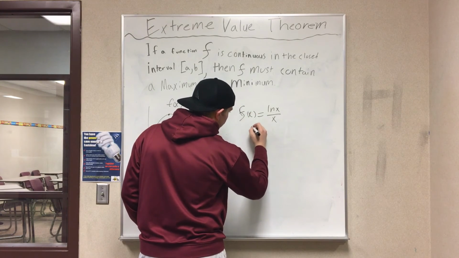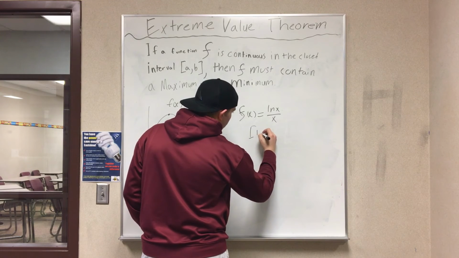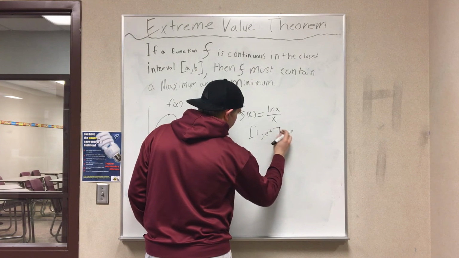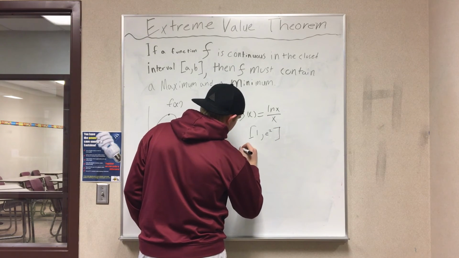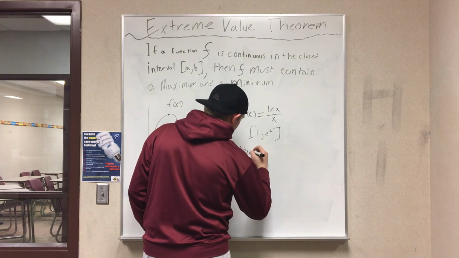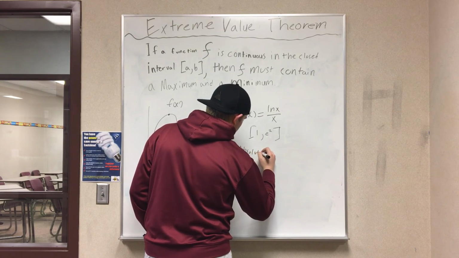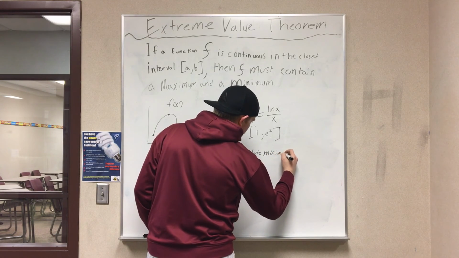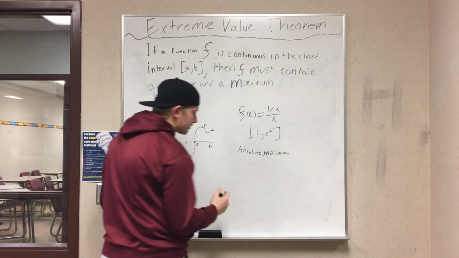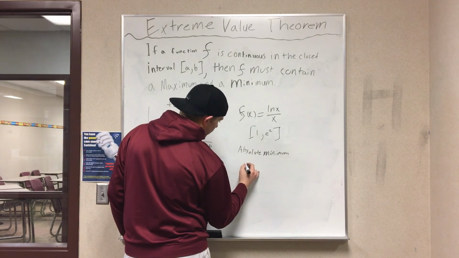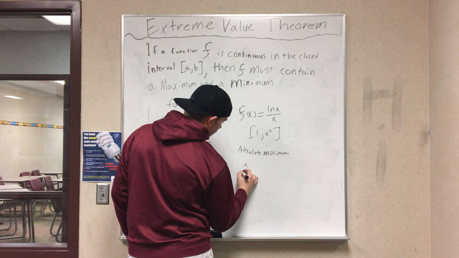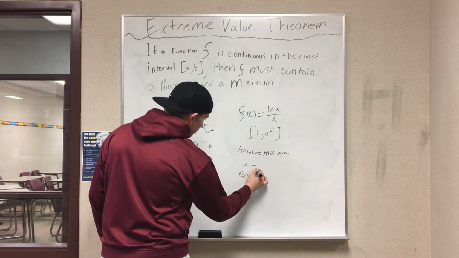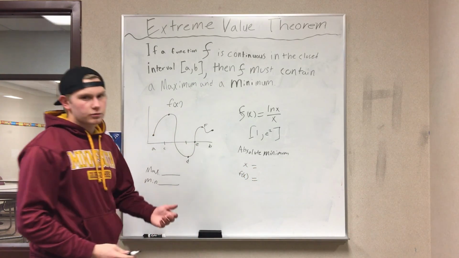On the interval 1 to e squared, what is the absolute minimum of x, and what is f of x equal to? In other words, what are the coordinates of the minimum?